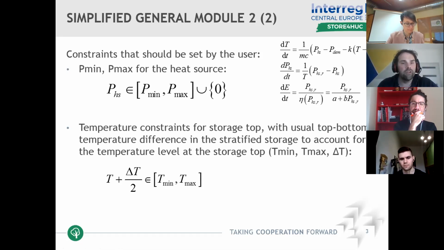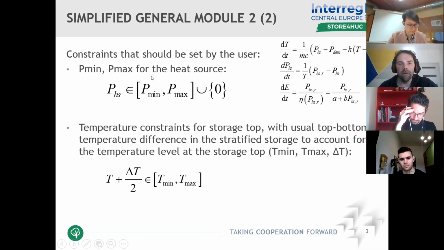And of course, the source can be switched off. That's why we need to know this minimum available power for the heat source when it is switched on. We need to know the maximum, so the nominal power of the heat source. And actually, we know that the heat source can be run at any of these powers, but also can be switched off.